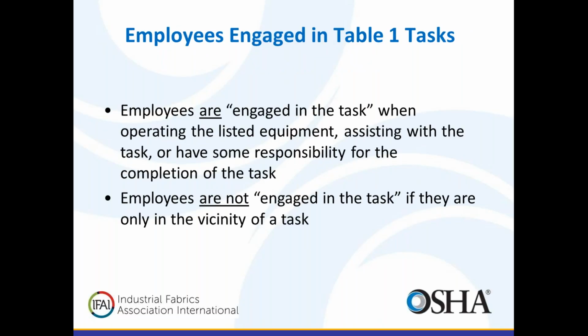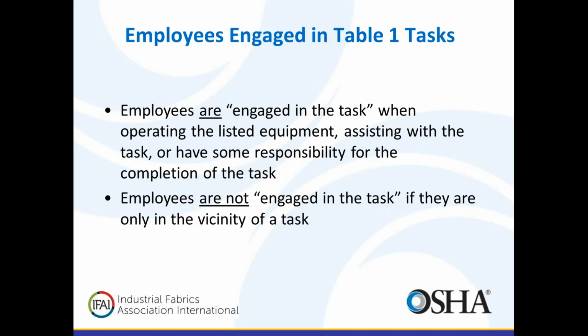Which employees are covered? The employees that are actually engaged in the task when operating the equipment are the operator of the piece of equipment and anyone that's helping that person with the task. So if you have a second person there that's holding something while the first person is drilling through it, that person would be engaged in a task and they are covered.